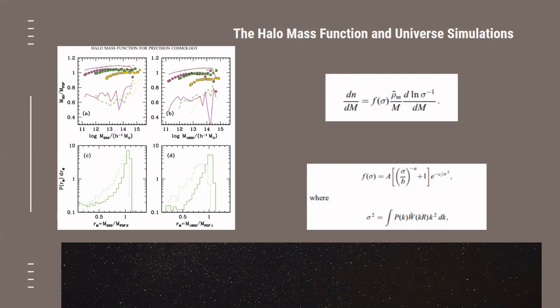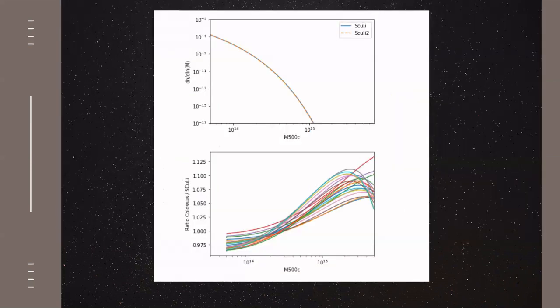The other variables present in the function are parameters to be determined by the simulation, which demonstrates the halo mass function's universality. These two graphs are made by our research group, plotting number density against mass.